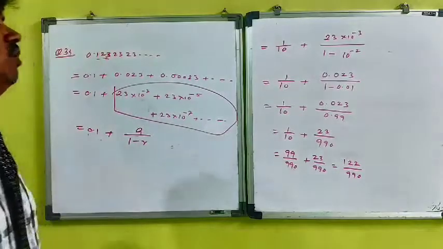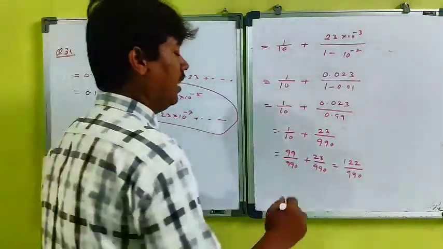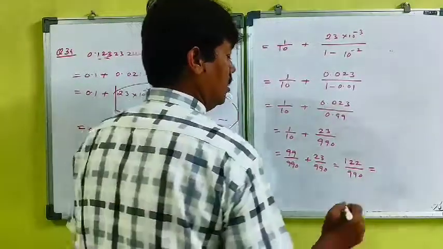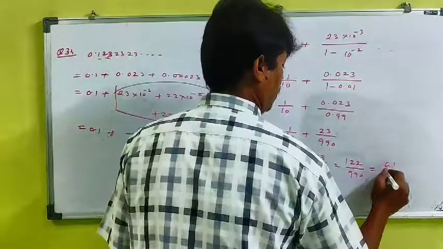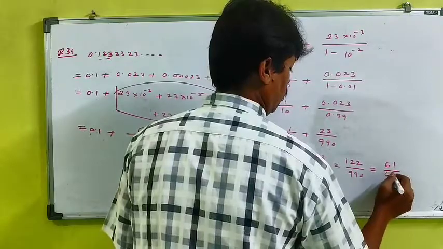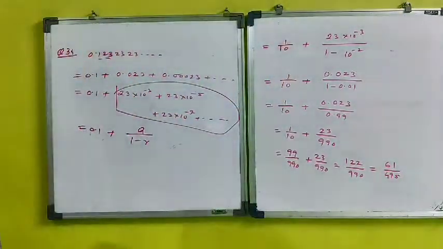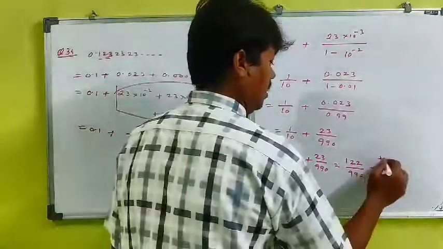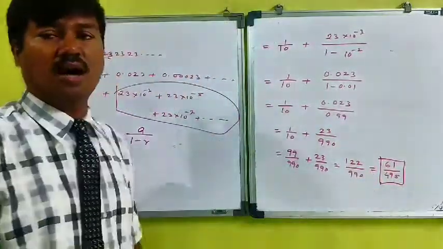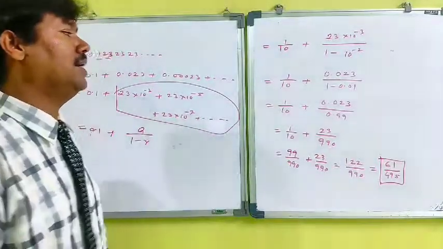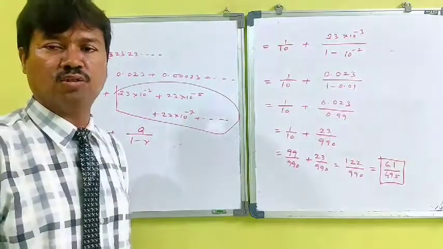So 122 upon 990 is divisible by 2. So it is 61 upon 495. So this is the answer for this one. The answer is 61 upon 495. I think everybody understood this one, right?